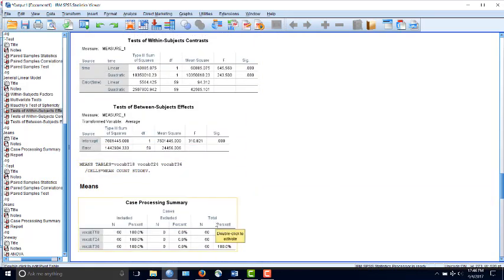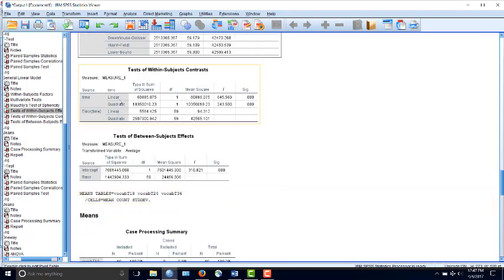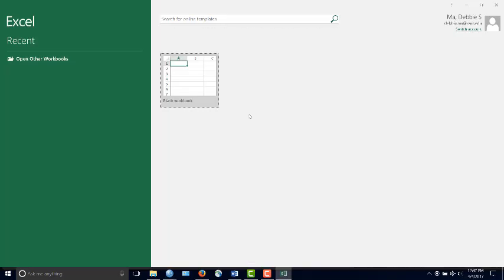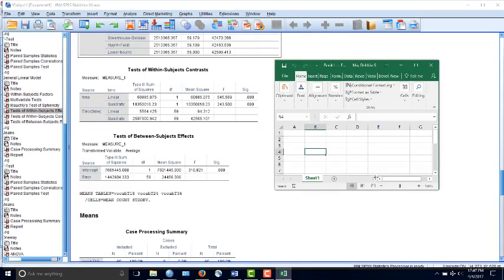14, where are our means? From 13 to 58 to 54. And what this quadratic effect tells us, and this linear effect, is that there's evidence that if we were to plot this out, I can do that actually. Going into Excel here, and I'm just going to type up these means.